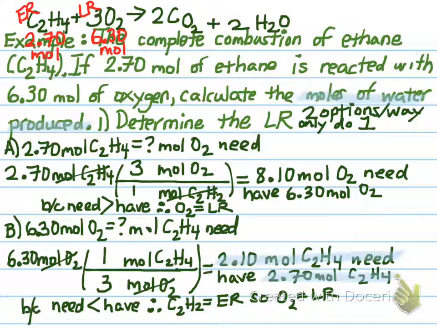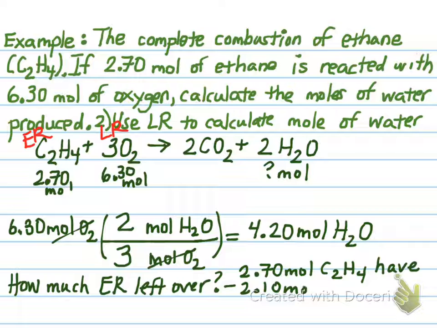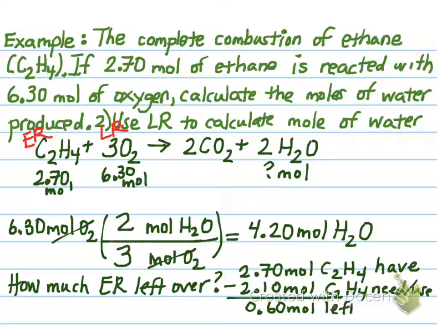So to figure out the amount that's left over, we would take the 2.70 moles of ethane that we have, given in our problem, subtract the 2.10 moles of ethane we need or use, and figure out that we have 0.60 moles left over.